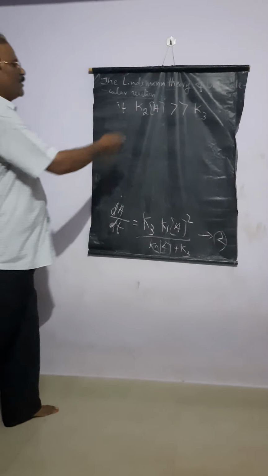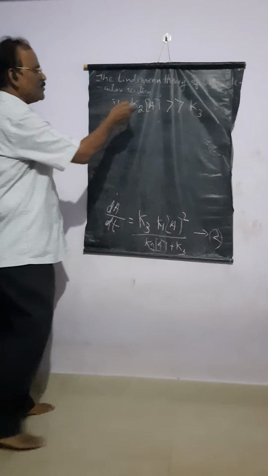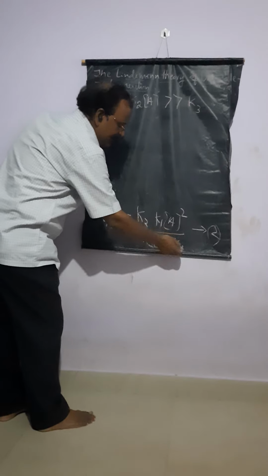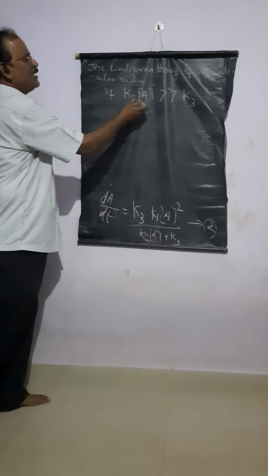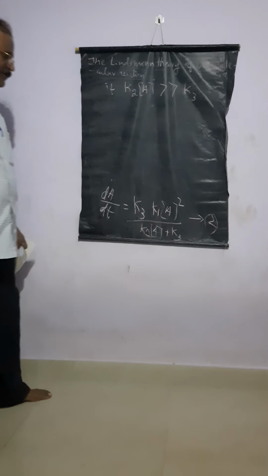That means the concentration of A is very high. At high concentration of A, in the denominator K2A plus K3, this K3 can be neglected. Whenever K2A is very greater than K3, you can neglect this K3 value.